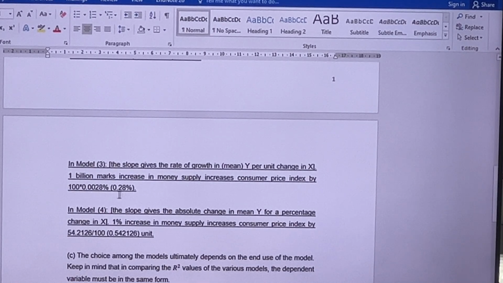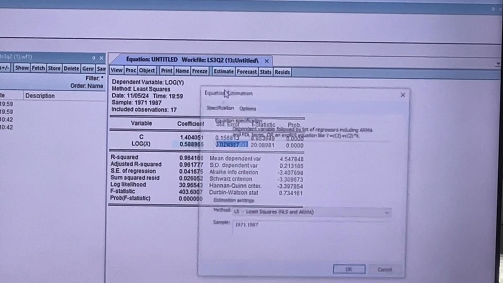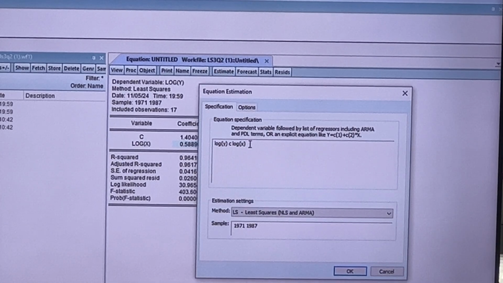Model 3 log linear. So you re-estimate log Y against X only.